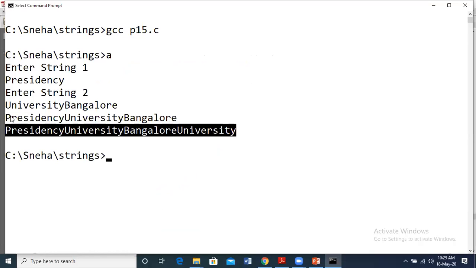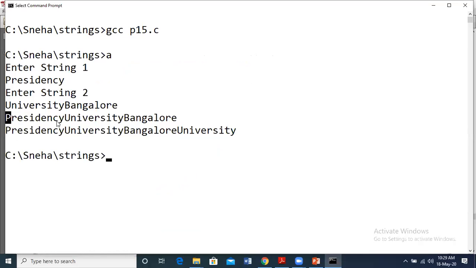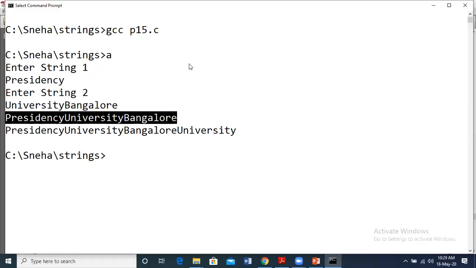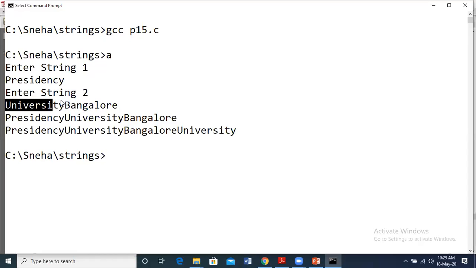Let us see. So strcat means we have string 1. To the end of it, it has appended string 2. Right? So now string 1 becomes Presidency University Bangalore. So after this, we have strncat, wherein we are taking the first 10 letters. So first 10 letters is University. We are appending it to string 1.